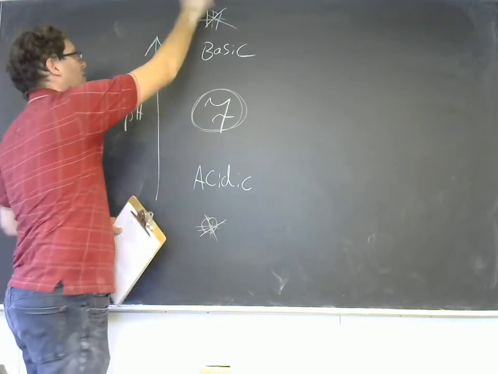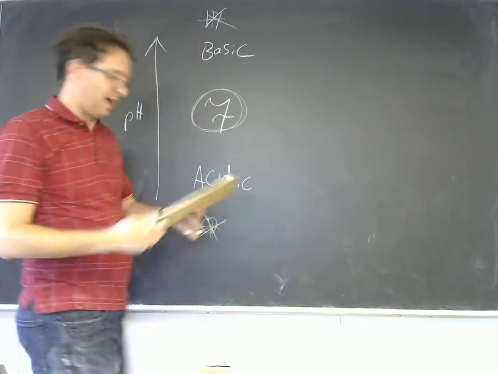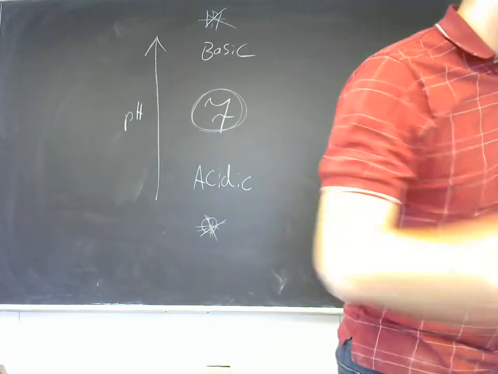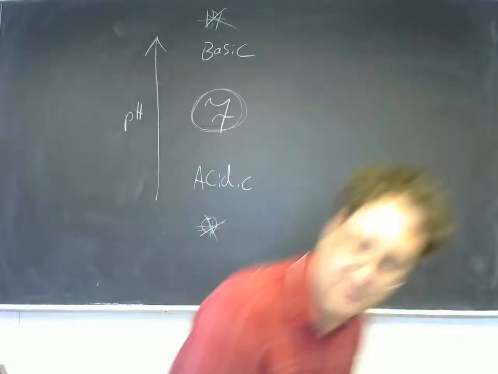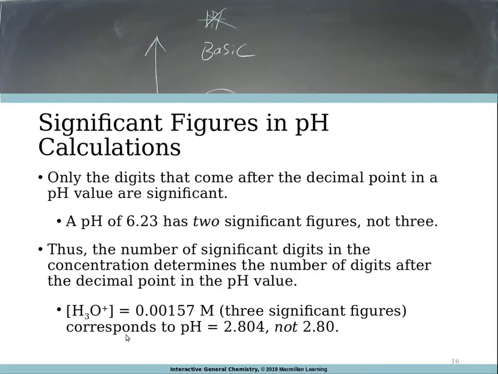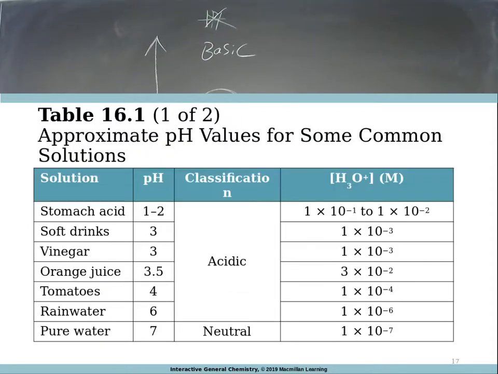And again, you can crash beyond that number easily enough. You just need to have a particularly high concentration of your acid or your base. So again, your textbook shows how only the digits after the decimal point are significant.